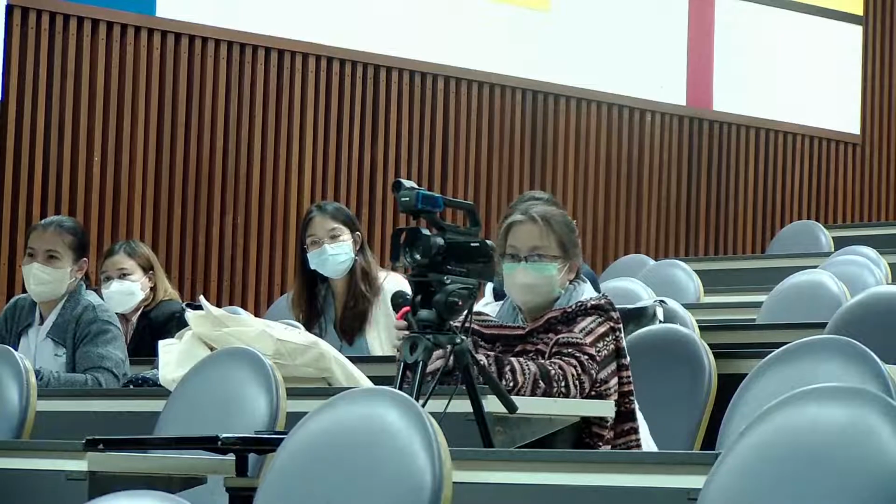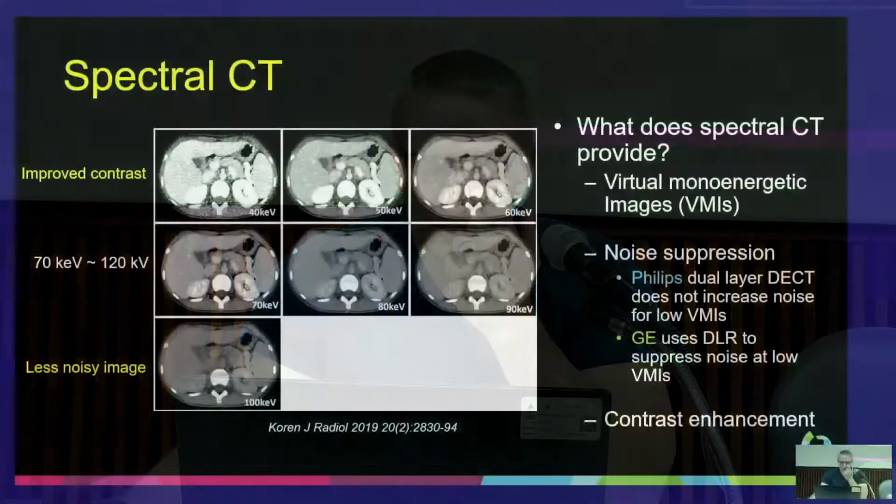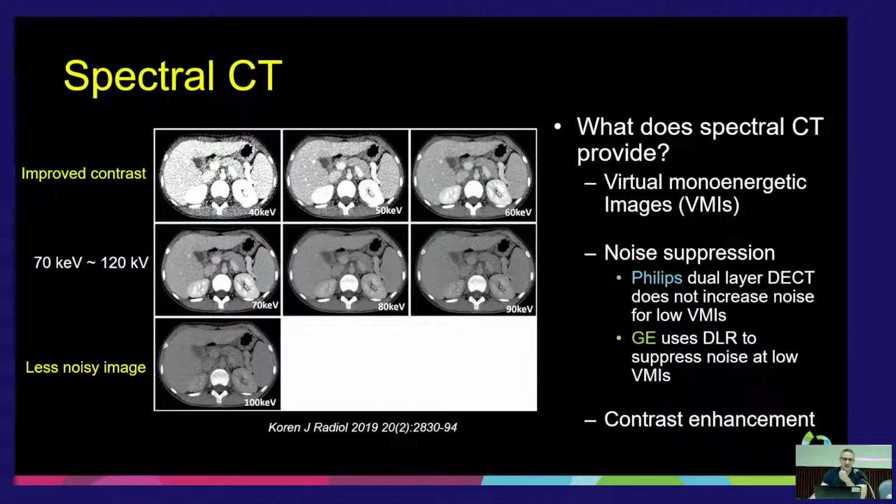So the biggest difference is, here, let me pop out here. Where are my VMIs? There they are. So when you acquire a single energy CT scan, as you called it, a polychromatic image, you will get one image.